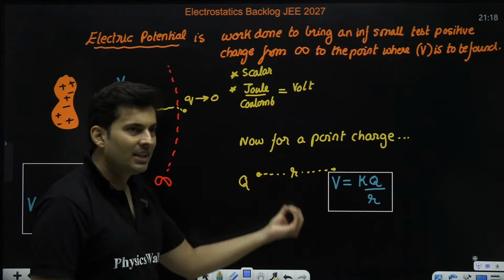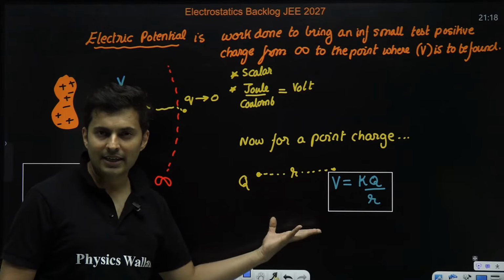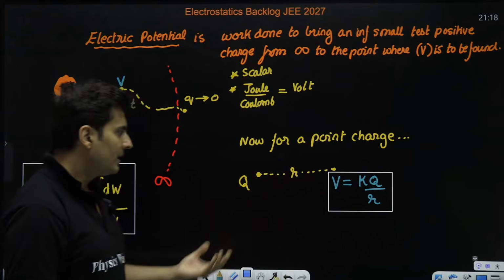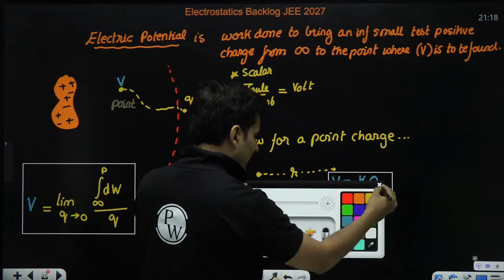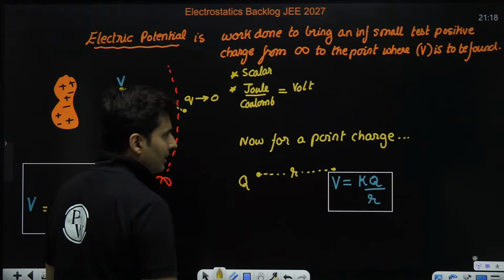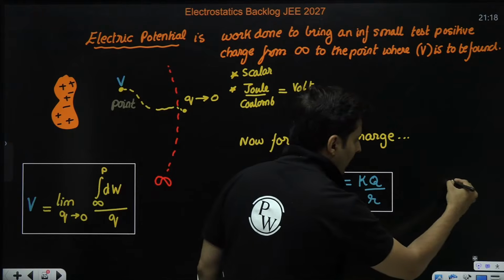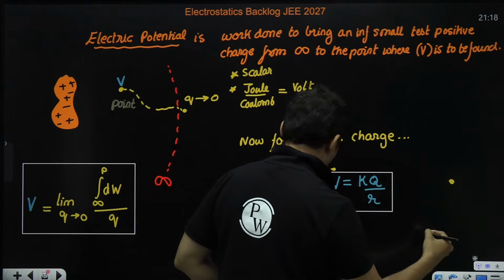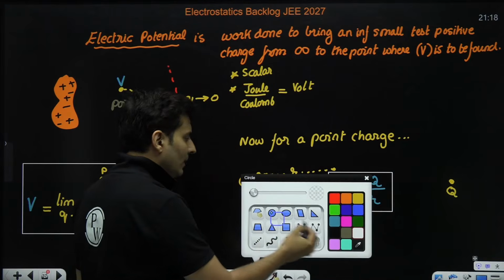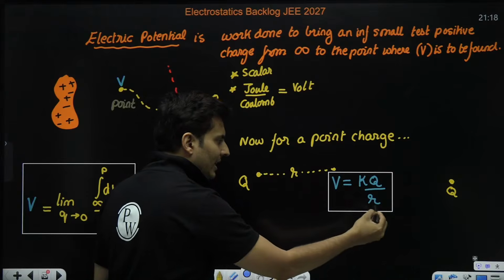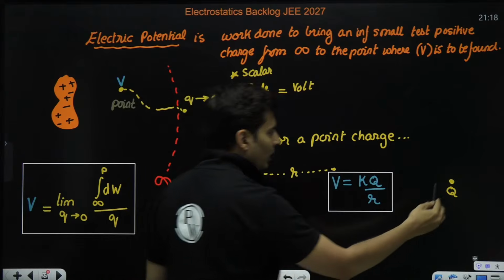Now, is there something very similar to the electric field lines that we draw? Yes. So I'll tell you what. If you take this particular charge and you mark all the points which have the same potential around it, you will see all the points which are at the same distance will have the same value of potential.